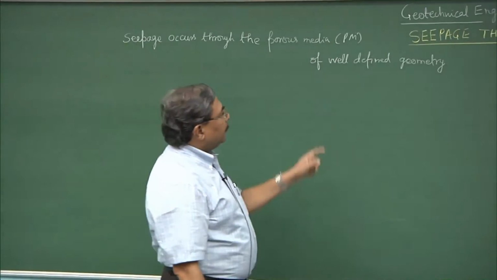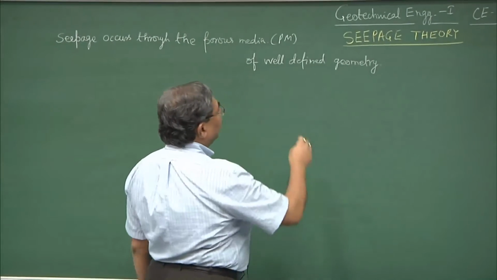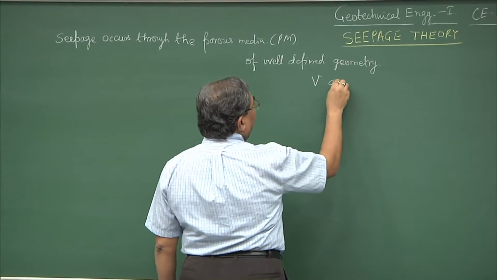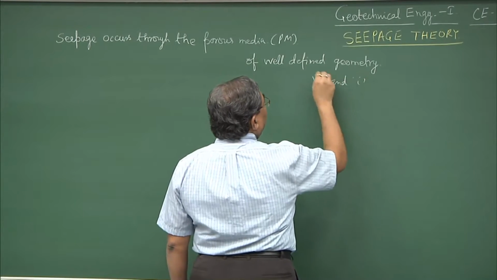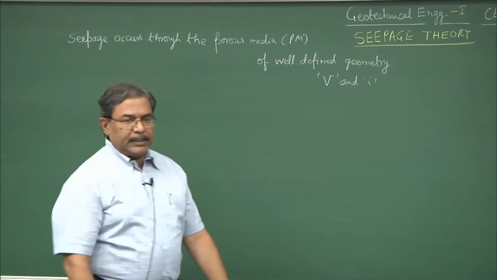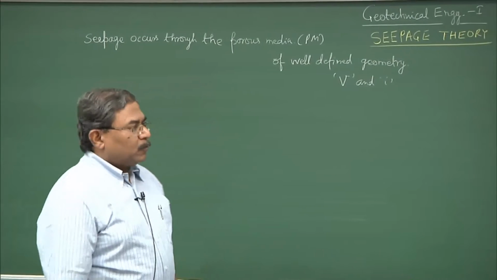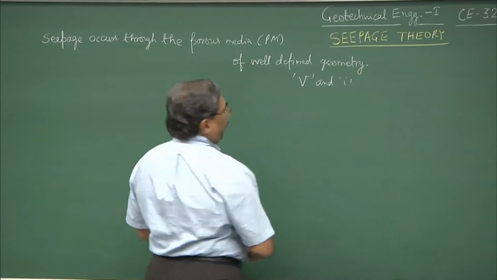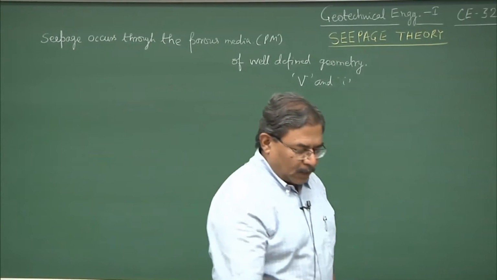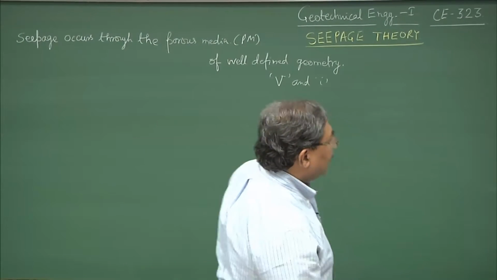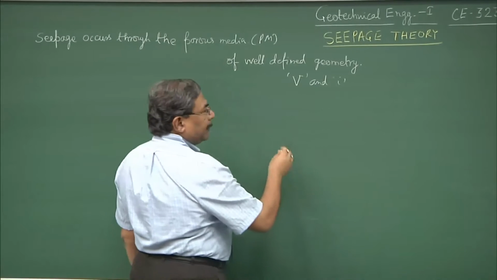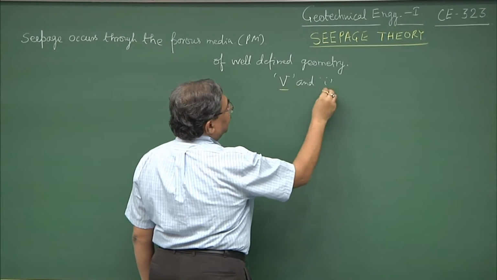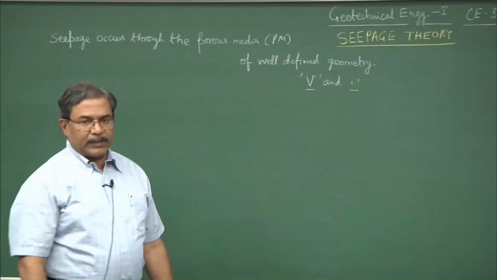Most of the time, when we deal with porous media of well defined geometry, we assume the variation of h, v and i is easy to determine. But in most of the situations which we come across in real life, the geometry of the porous media is not so well defined, and hence it becomes difficult to find out the variation of v and i in the real life situation.